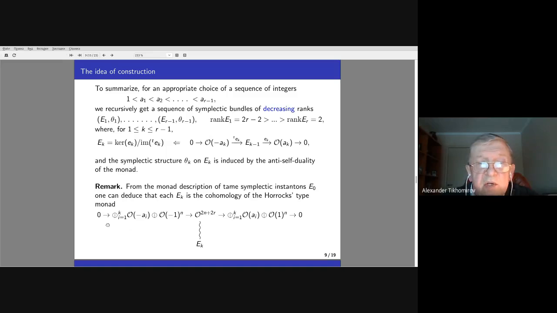And so each symplectic bundle which we obtain in this series actually is the homology of a Horrocks type monad, containing only these direct sums at the left hand, a trivial bundle in the middle, and the dual direct sum on the right hand. So this is our other description of our bundles through monads.